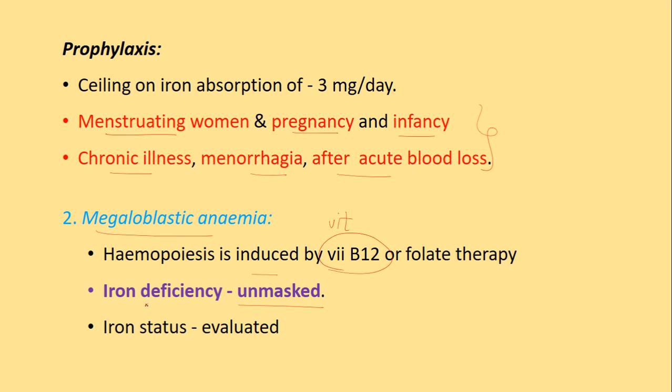So in case of megaloblastic anemia, you have to also go for evaluation of the iron status, because you will not notice the iron deficiency features because of vitamin B12 and folate therapy.